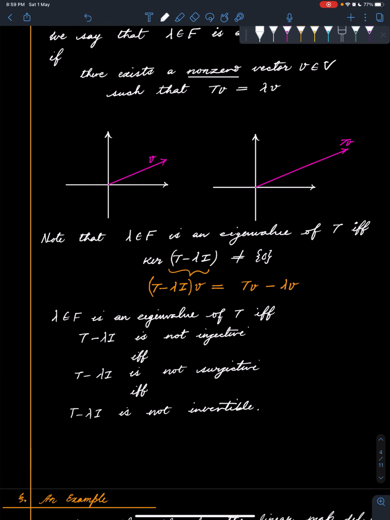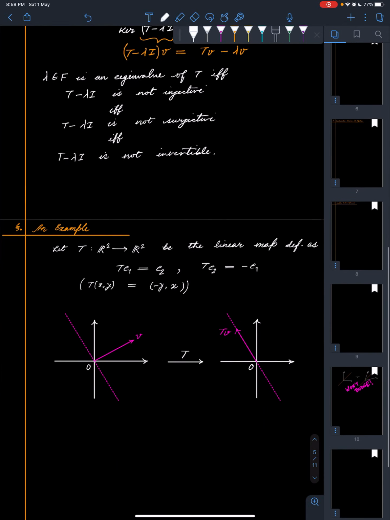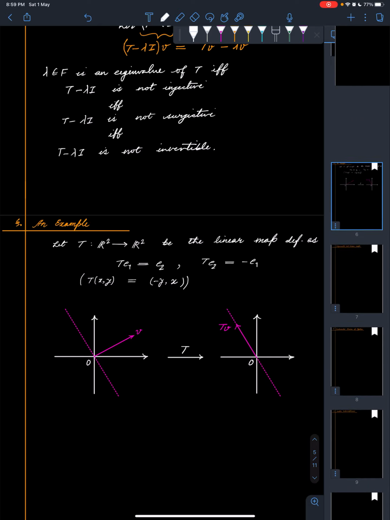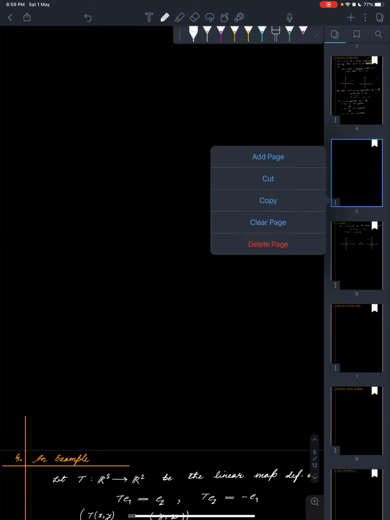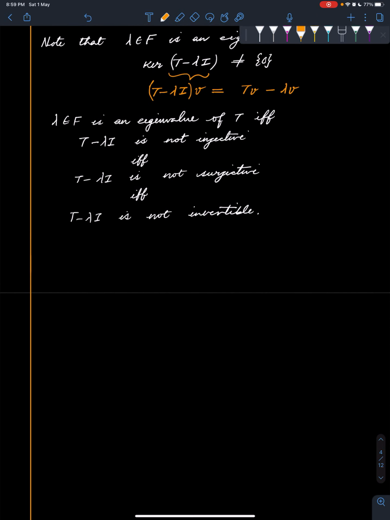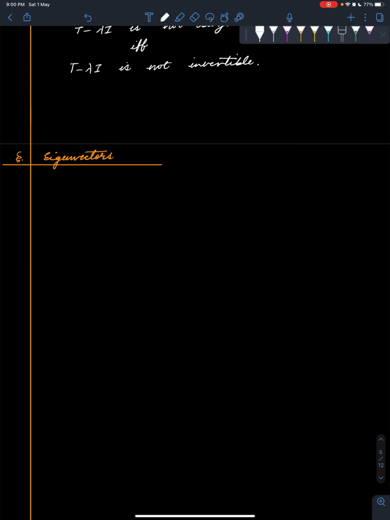Okay, so now let me define what is an eigenvector. So here is how we define eigenvectors.